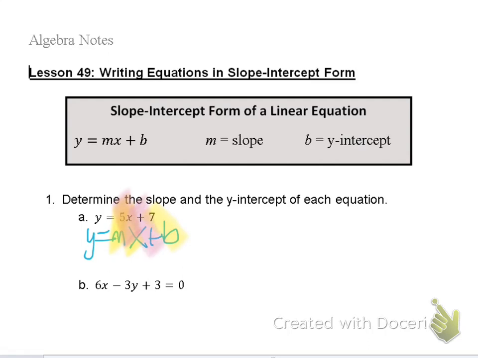So you can see that the m equals 5, and the b equals 7.